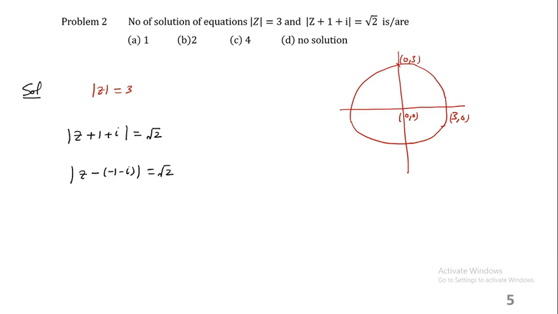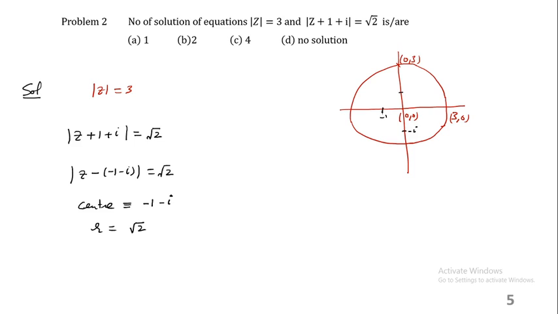This is a circle with center minus 1 minus i. X coordinate is -1 and Y coordinate is also -1. And its radius is √2. Okay. Just see. I will get X coordinate -1 here. Y coordinate -1 somewhere here. Okay. Minus i is there.